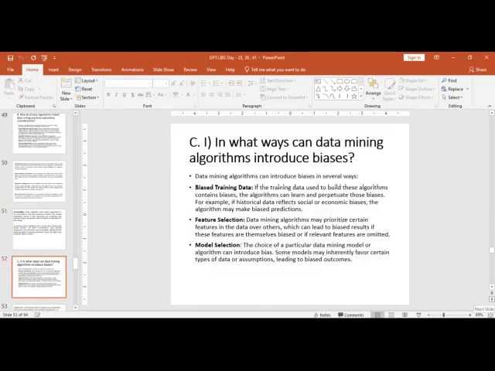In what ways can data mining algorithms introduce biases? Data mining algorithms can introduce biases in several ways. Biased training data.